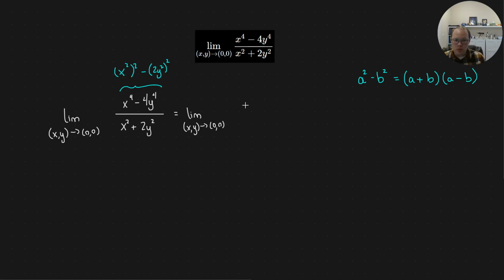So if I factor the numerator, I'll get x squared plus 2y squared and x squared minus 2y squared. And I left the denominator as is. Okay? And now with that simplification, I say, okay, wait a second.